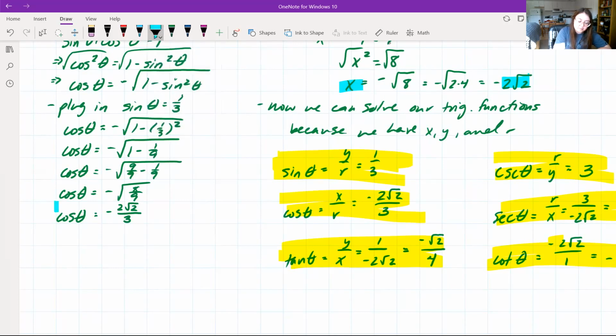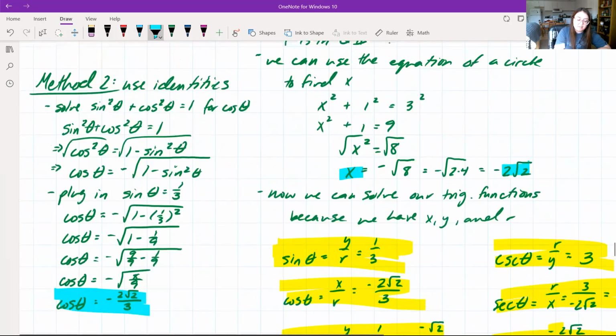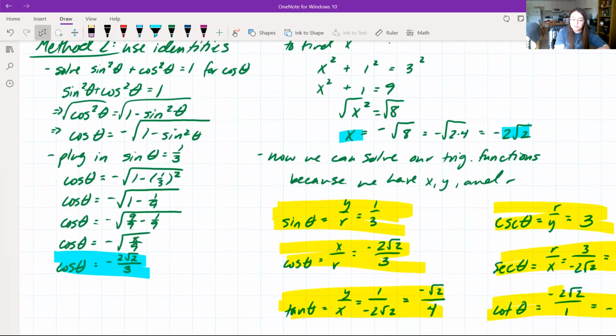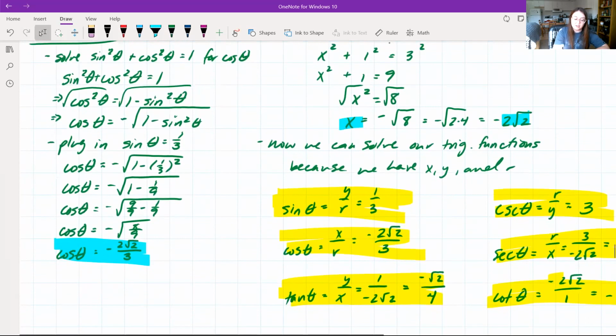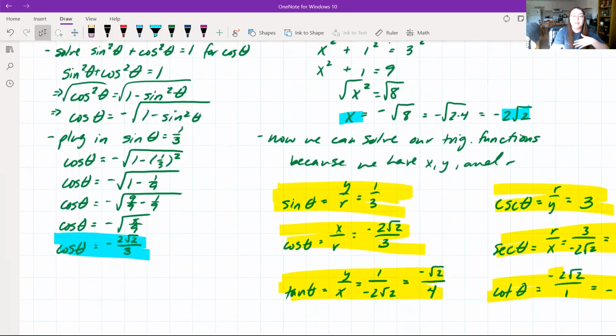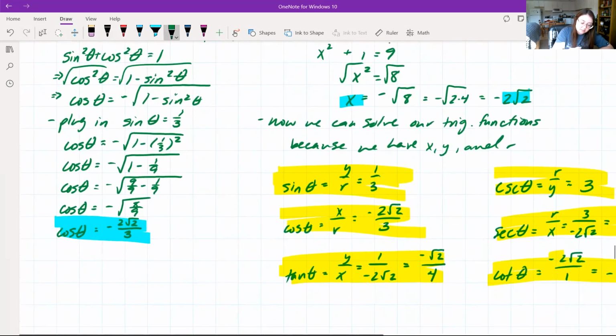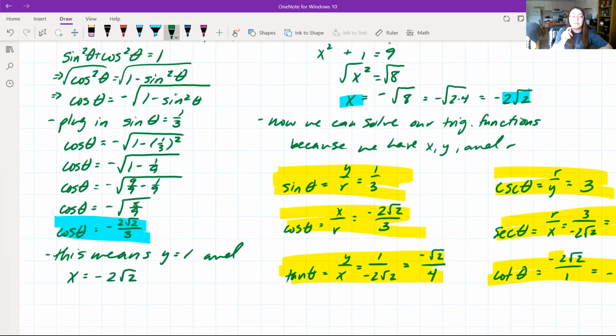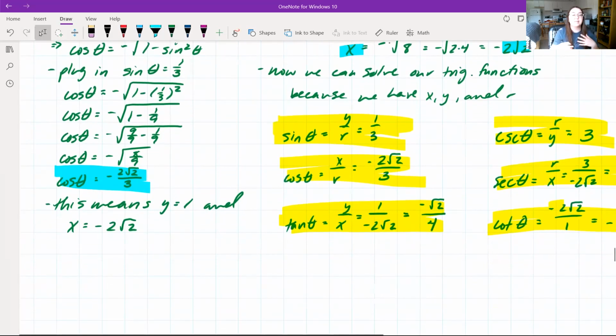So now we have the value of cosine and we have the value of sine. Cosine of theta being the value with our radius. So this means y is equal to 1 and x is equal to negative 2 times the square root of 2, and then we get the same identities.